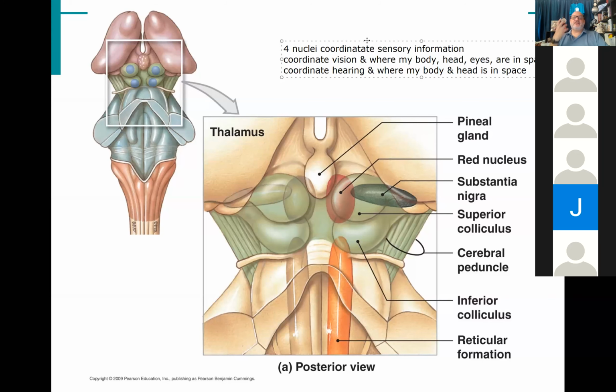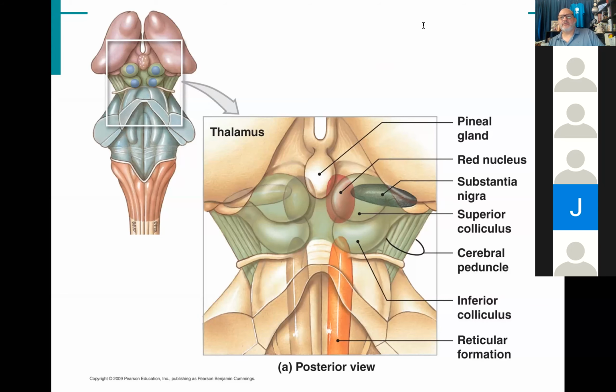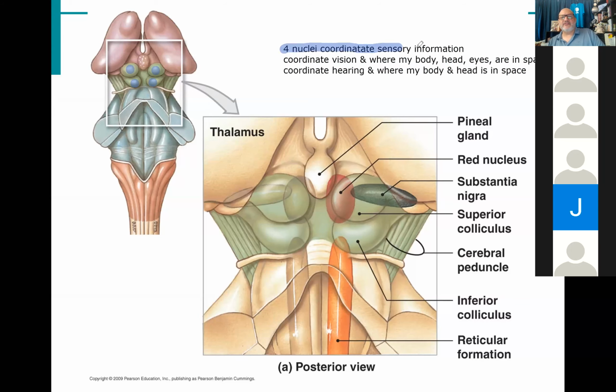So I have this process where I need to coordinate this information and put it together. And that's what the corpora quadrigemina do. These four structures collectively coordinate sensory information. Specifically, vision and where I am in space is the job of the top two nuclei.